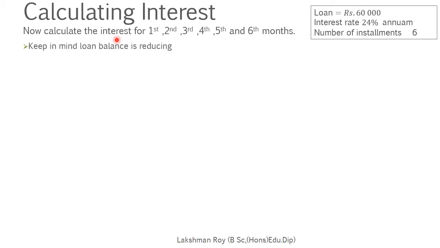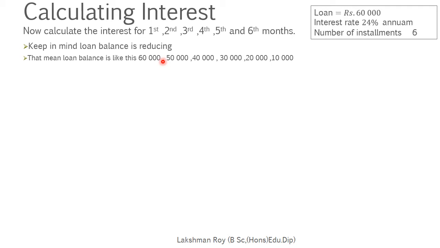See here, the only important thing to keep in mind is that the loan balance is reducing. So in the first month, the balance is like this. Loan taken is 60,000, and every month 10,000 reduces.